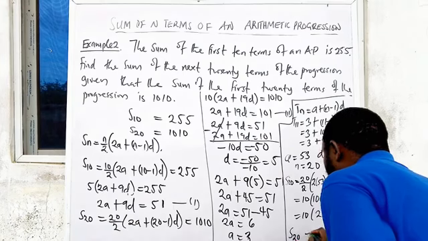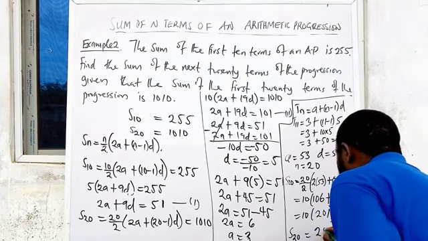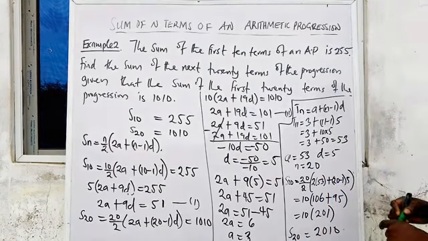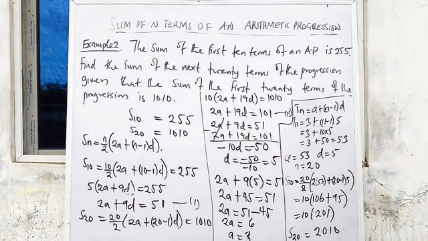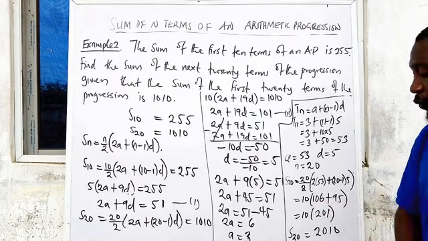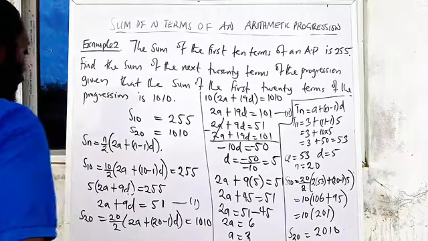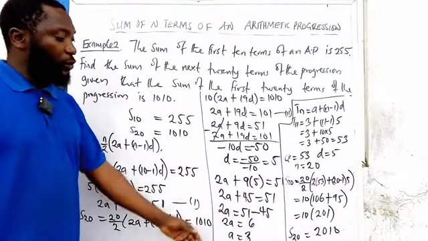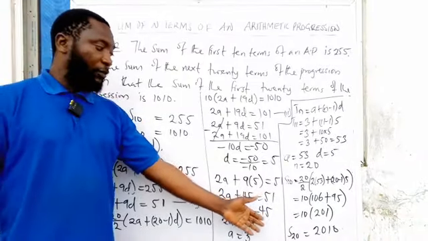The sum of the next 20 terms will now be 2010. So the sum of the next 20 terms is 2010. And that is just the solution to this problem.